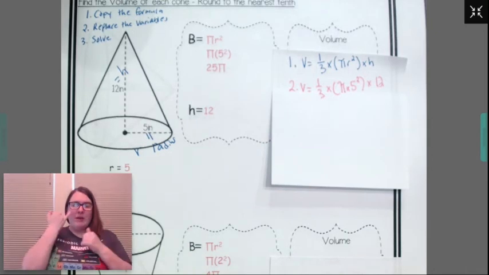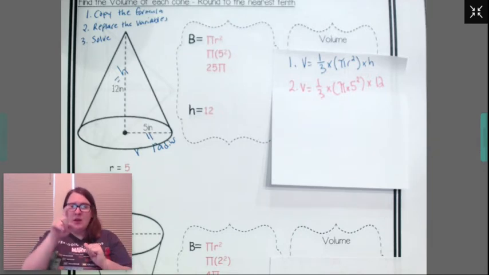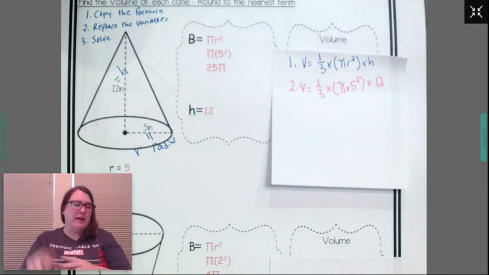All right, now, if you have a graphing calculator, you're just going to put it all in and solve. Okay, if not, you need to follow and do the parentheses first, and then you're going to multiply the rest in order going from left to right.